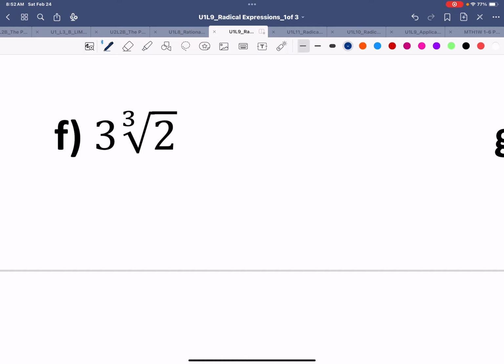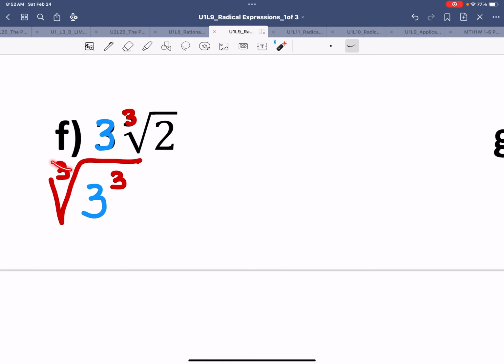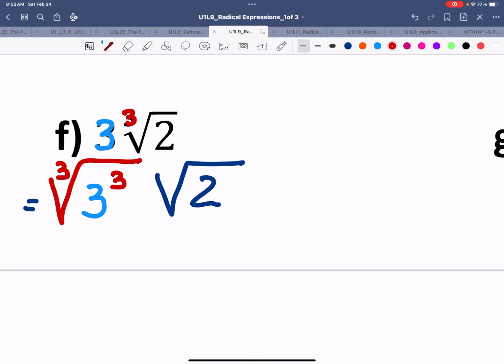Let's do the next question. This time we have index 3. What that means is that this number 3 in here will be brought to the power of 3 and quickly cube rooted again. As you can see, we still have the same number value, number 3. And then we have the third root of 2. Don't forget to write the index when it's different than 2.